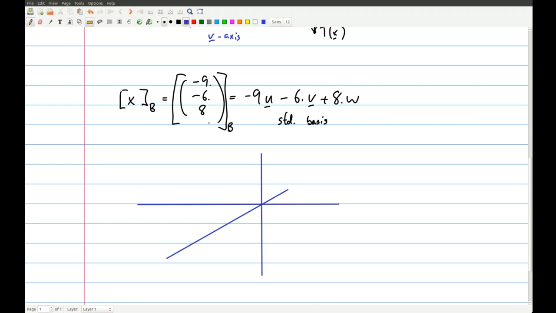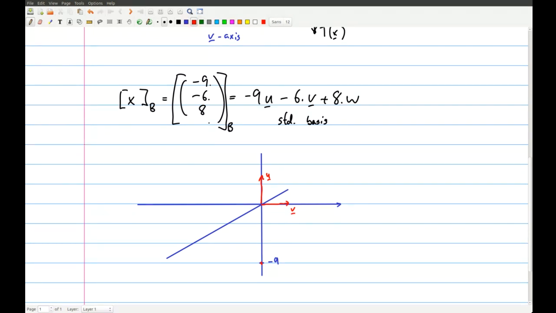So here's a -9. Here's the vector u. So it's -9u, so I'm going to go that much of this thing. Then my -6v, this is the v axis. Here's v going this way.